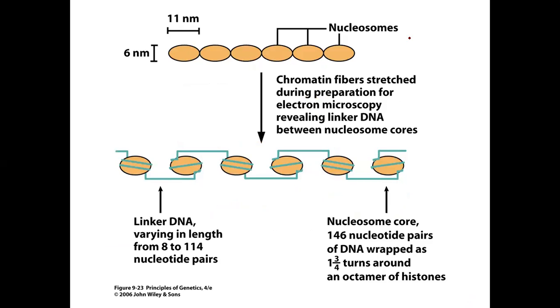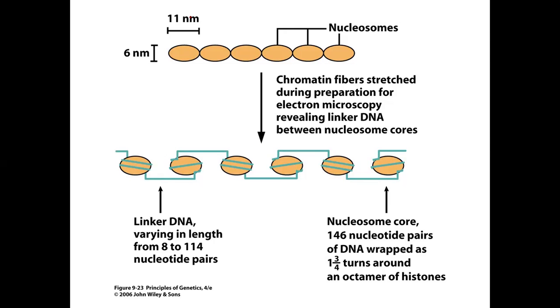Okay, chromatin and nucleosome. These are the nucleosomes. They are 11 nanometers in length. After the interaction with the nucleosome, the chromatin fiber stretches during the preparation for electron microscopy, revealing linker DNA between the nucleosome cores.